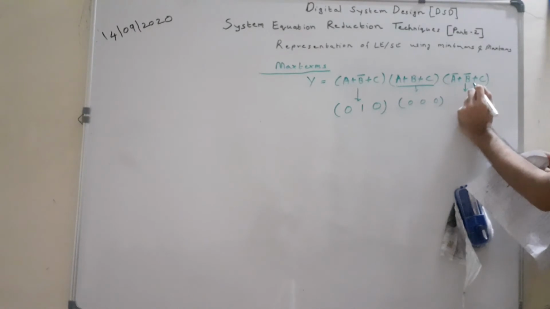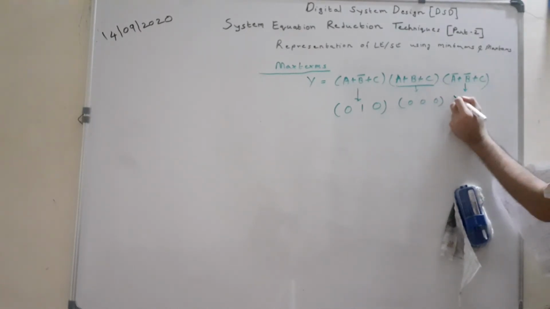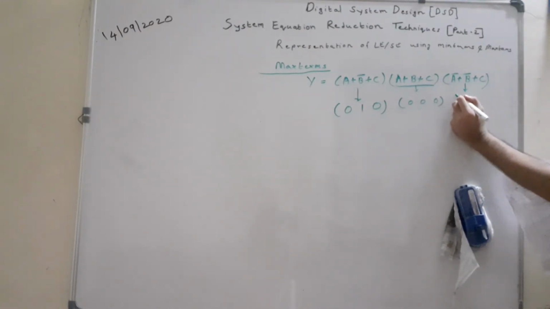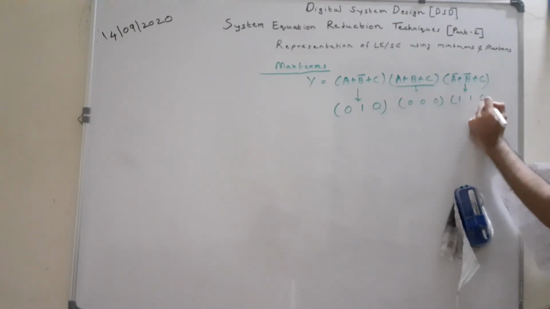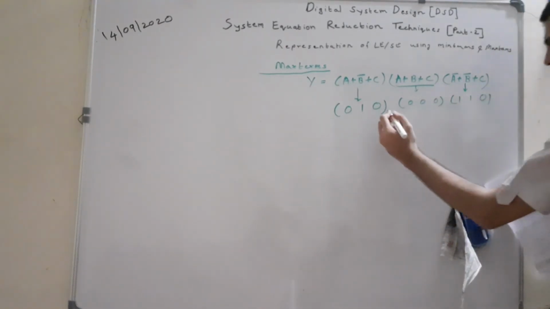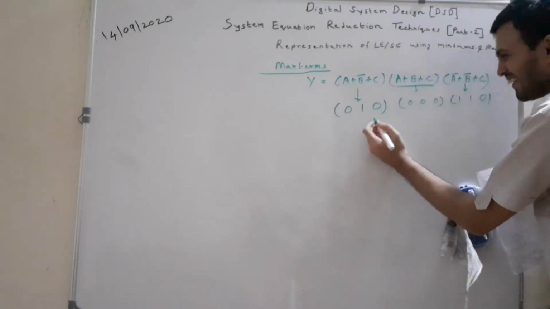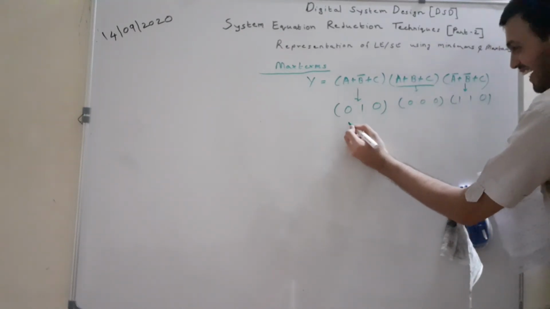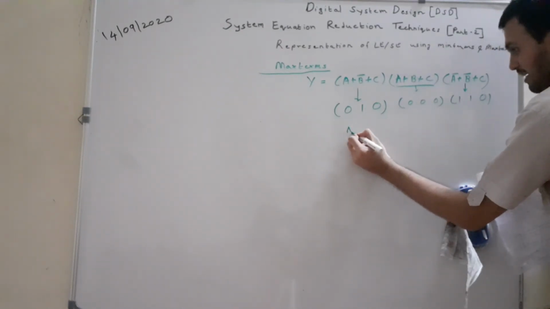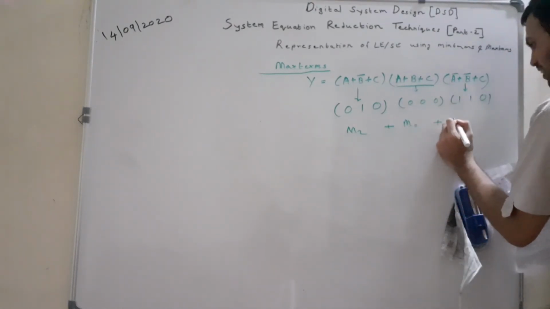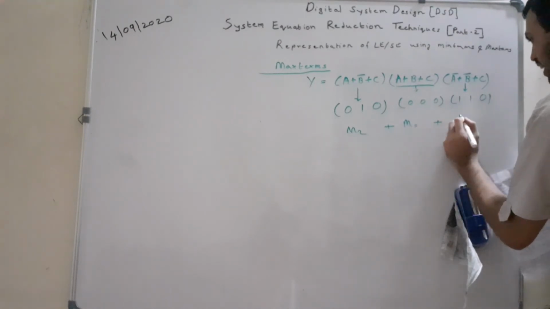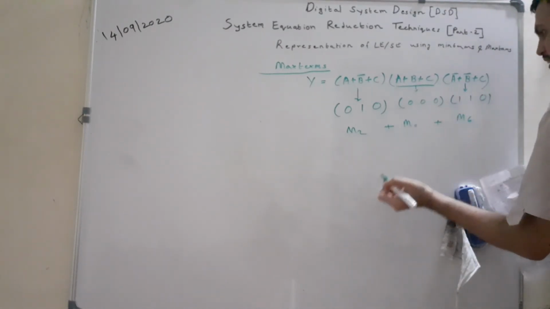And for A complement plus B complement plus C, max terms are represented by output level 0. So A complement and B complement would be 1, 1, 0. That's the reason we can write this as capital M2 plus capital M0 plus capital M6.